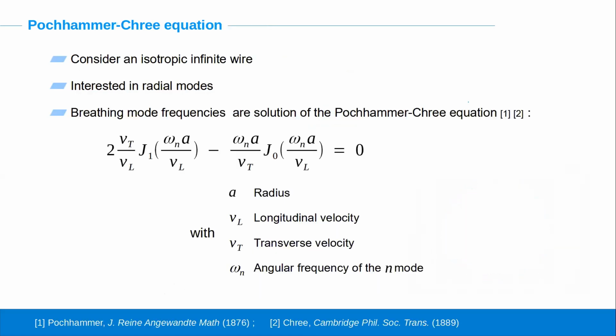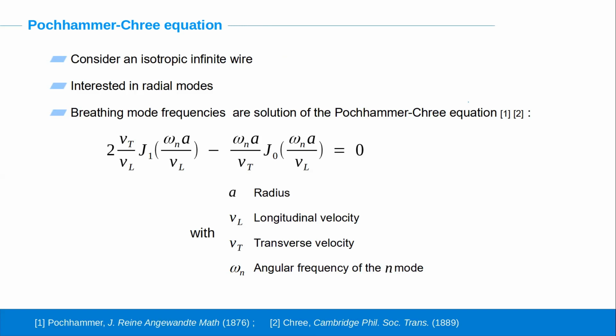Since we can describe nanoparticles as macroscopic objects, we can easily describe the breathing mode of a nanowire, considering it as infinite and made of anisotropic material, by the Pochhammer-Chree equation, which links the frequency of the different harmonics of the breathing mode with both the size of the wire, with a the radius, and the elastic properties of the material it is made of through the velocities.